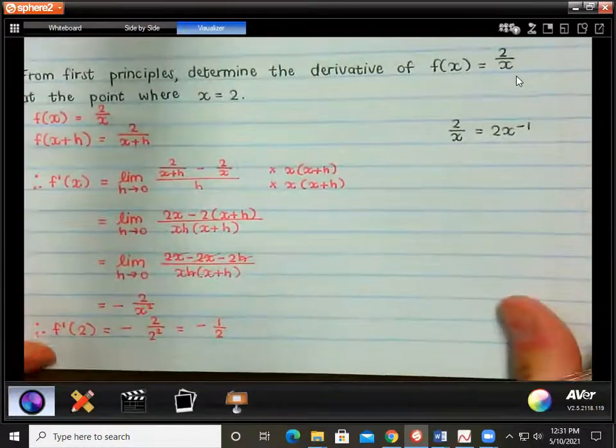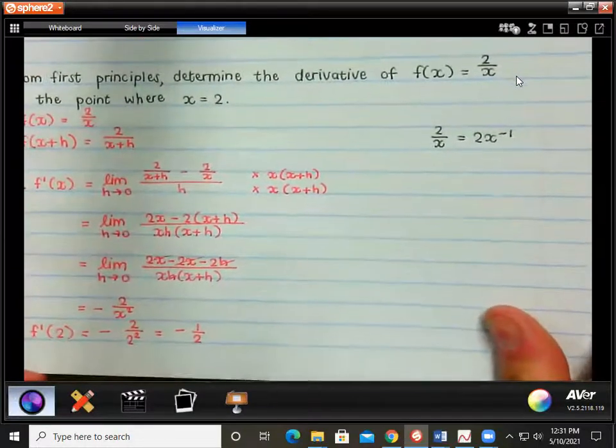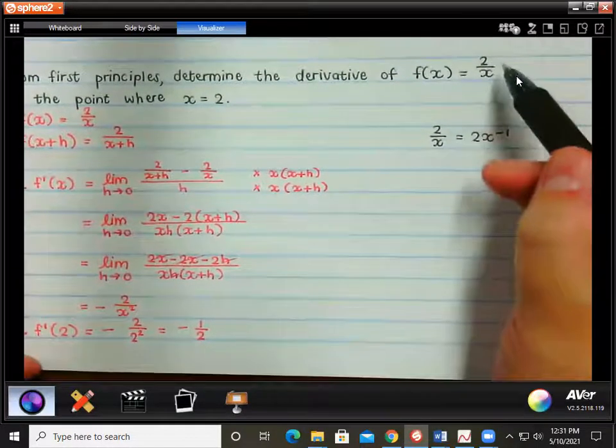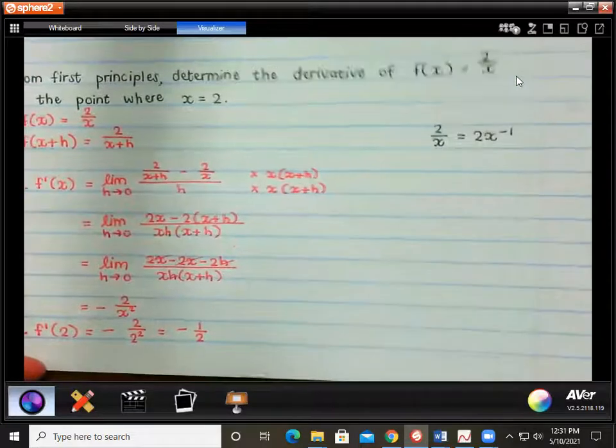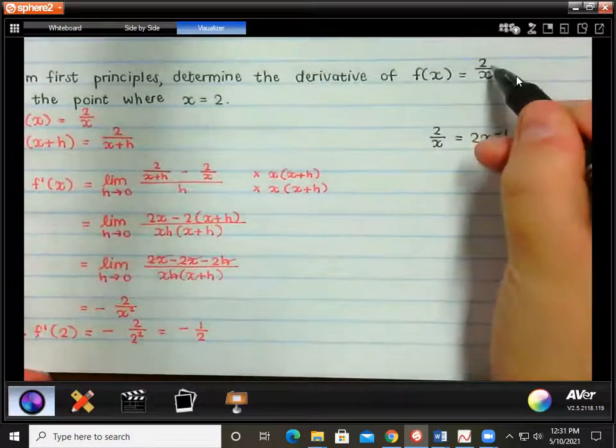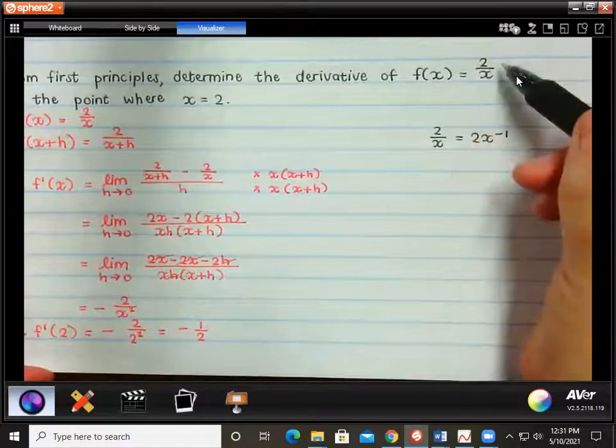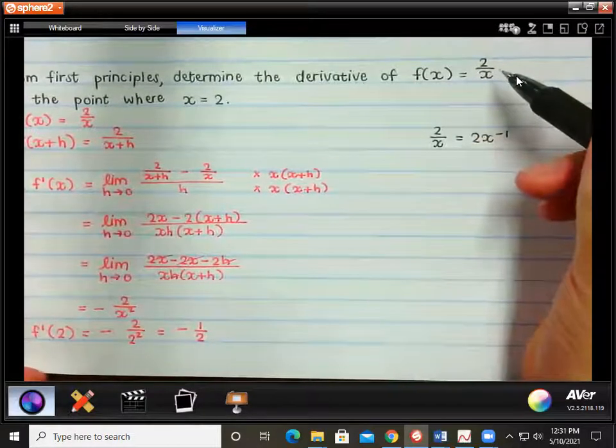Maybe I'm wrong, but the questions will not give different results for the example we just did. It wouldn't, because the derivative of the numerator will be 0. The derivative of 2 is 0.